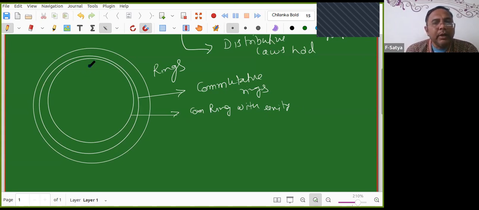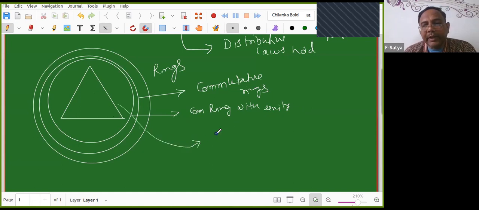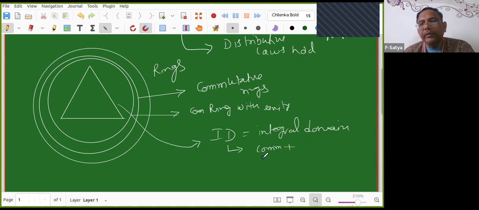Then we have integral domain. For me, integral domain means it is a commutative ring with unity and cancellation law holds. ID means for me it is commutative also. Some textbooks will not say that, right?